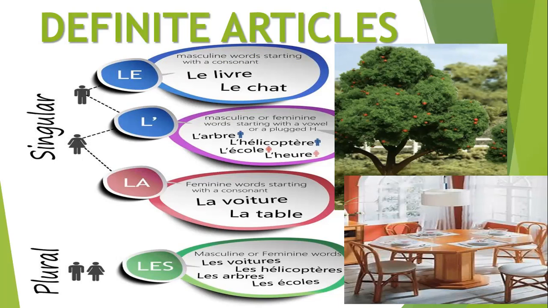La voiture means the car. Now you see that it's ending with E, so that's why we have given it the definite article la. The next example is la table. La table.